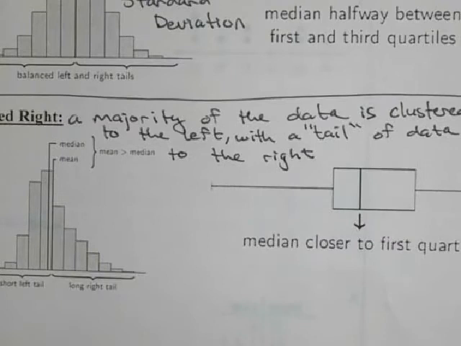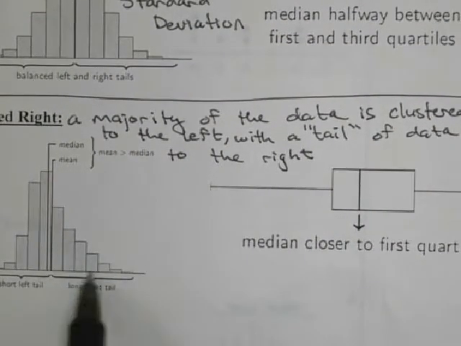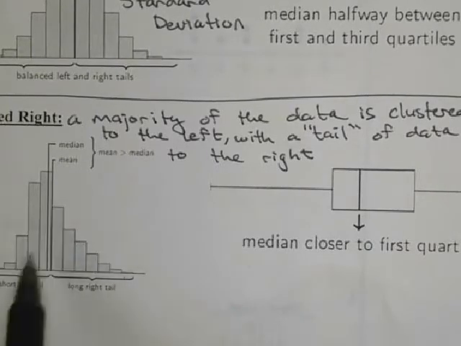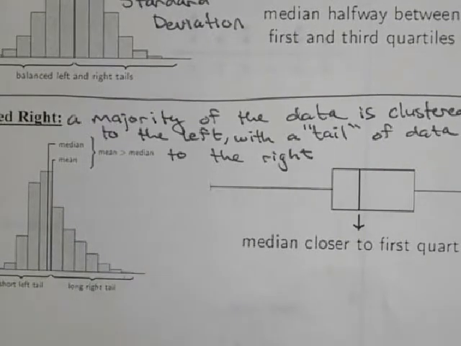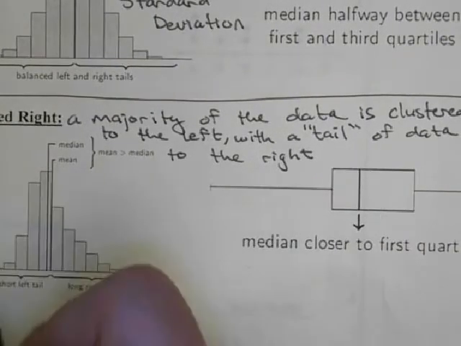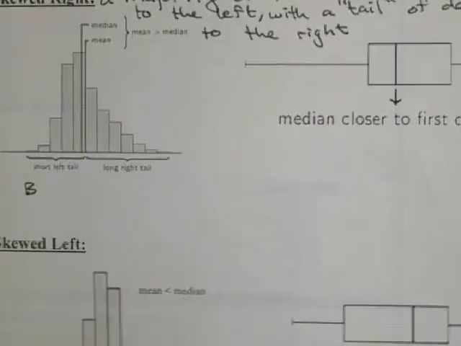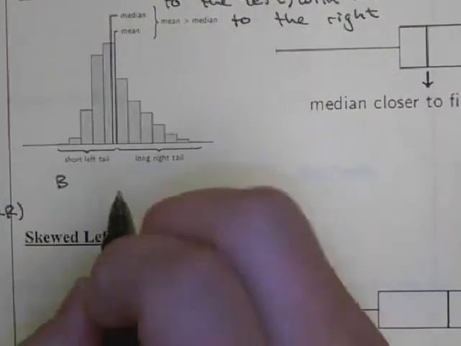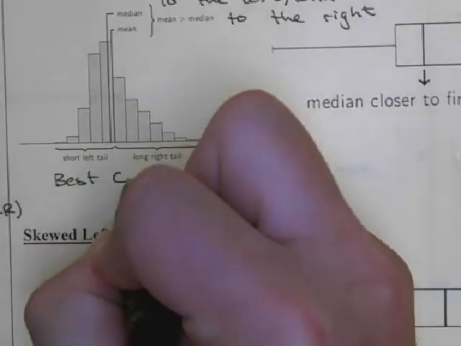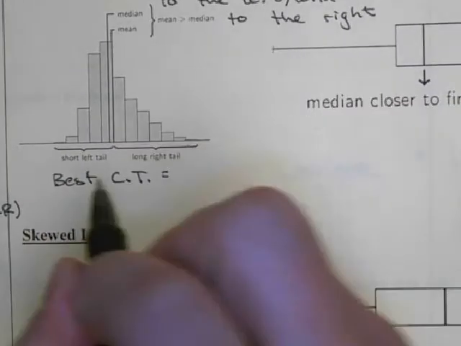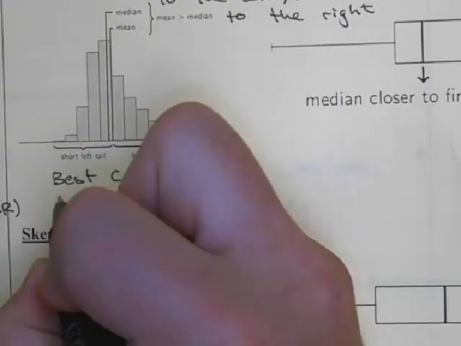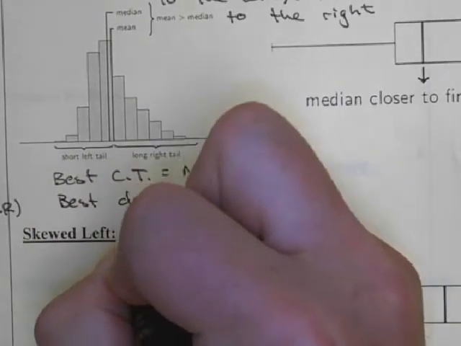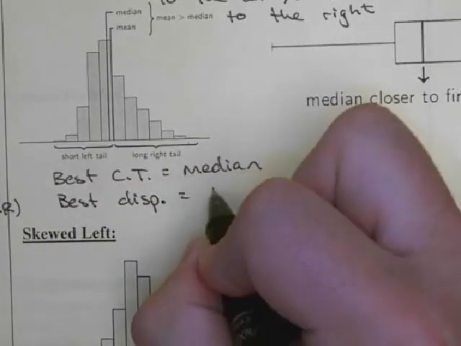The best way to help yourself remember if it's skewed right is to look for the tail of data. This long tail trailing off from where a majority of my data is clustered is on the right-hand side, so that tells me it's skewed right. To describe this, our best central tendency will be the median, and the best dispersion is the interquartile range.